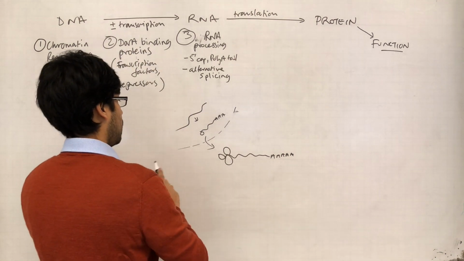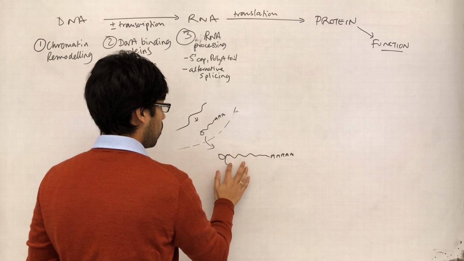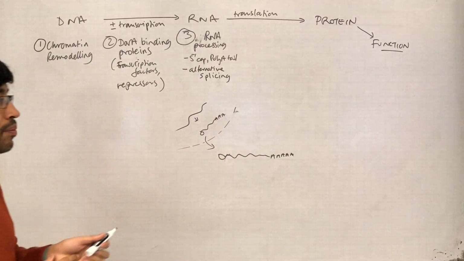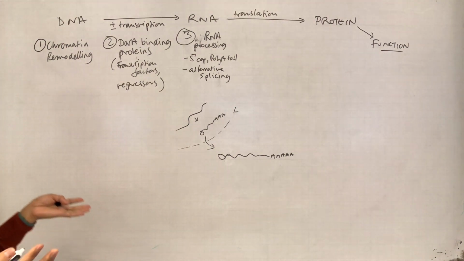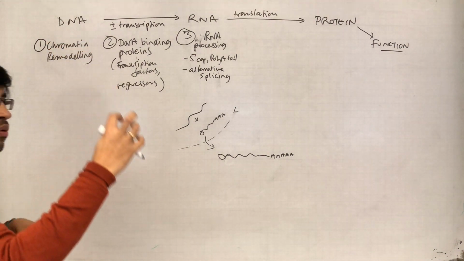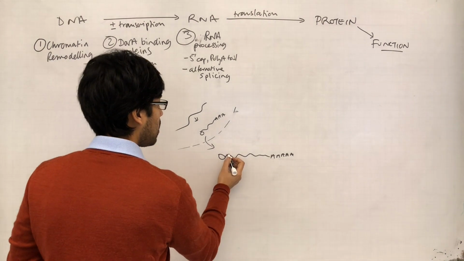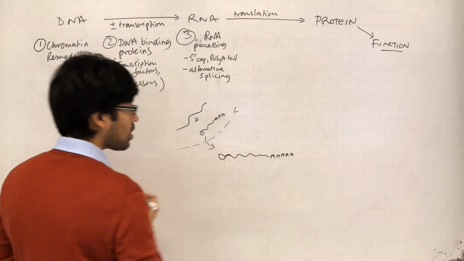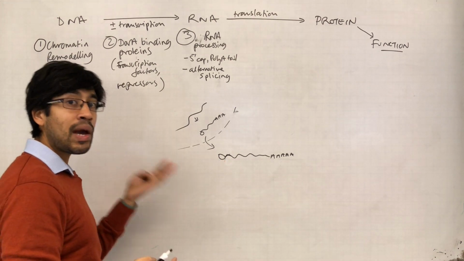But there are things that affect the binding of the ribosome to the mRNA. Okay, so just like we had transcription factors that controlled how often RNA polymerase was binding the DNA, we have these proteins that affect the binding of the ribosome to the mRNA.